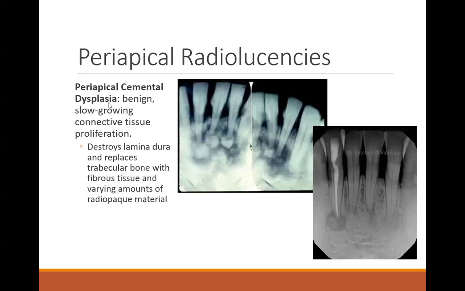With periapical radiolucencies, these are obviously not radiolucencies, they're radiopacities, but there's periapical cemento-osseous dysplasia. It looks kind of cloud-like, radiopaque and radiolucent. Benign, slow-growing connective tissue is inside of this area, and it proliferates, destroys the lamina dura, and replaces the bone with fibrous tissue and varying amounts of radiopaque material.